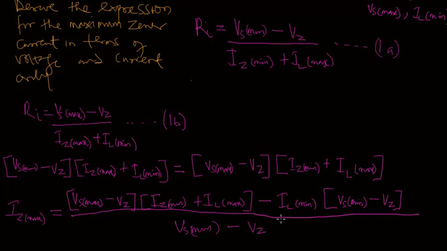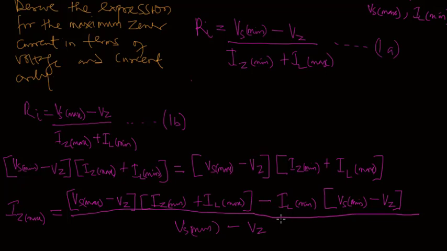And the expression is Iz maximum equal to Vs maximum minus Vz into Iz minimum plus IL maximum, minus IL minimum into Vs minimum minus Vz, all over Vs minimum minus Vz.